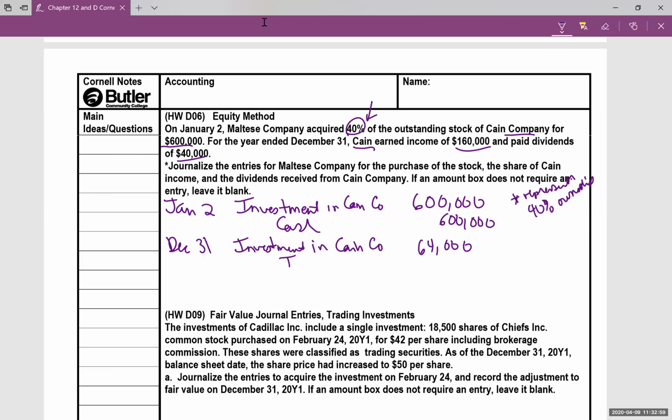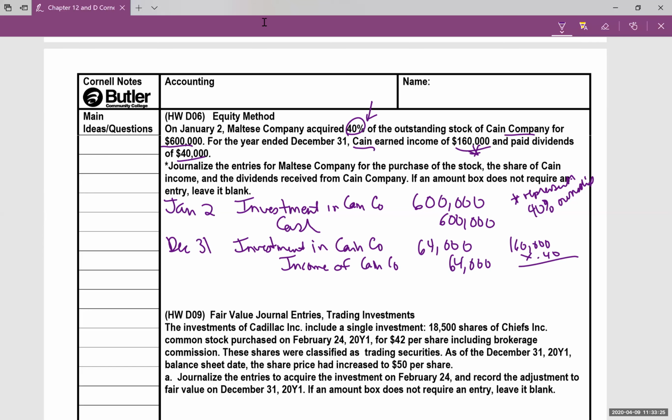And then the credit goes to this account, income of Kane Company. Again, this is still on Maltese, but they own 40%. So here's how I got 64,000. I took the 160,000 income times 40%. Okay, that's how you get the 64,000.